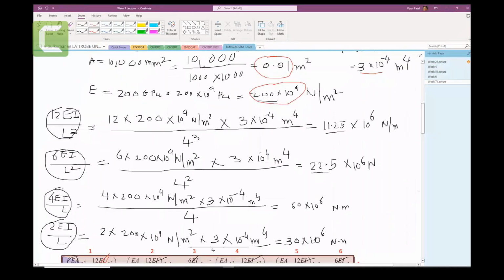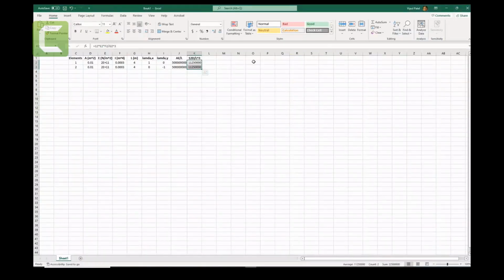I think the next one is 6 EI on L square. So 6 EI, a little bit faster, by the way. We have done this kind of exercise, you can do it in your own time. 6 EI divided by L square. So 6 EI on L square.